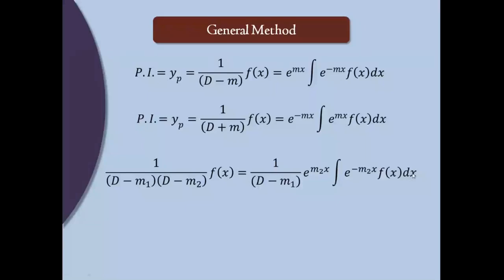Solve this integration. After solving, whatever term we get, apply D minus m1 on this by using the formula again, and the solution of that gives us the answer. So if we have a product of two terms, take any one bracket, apply it using the standard formulas, solve that integration, and next apply the second bracket and then simplify it.